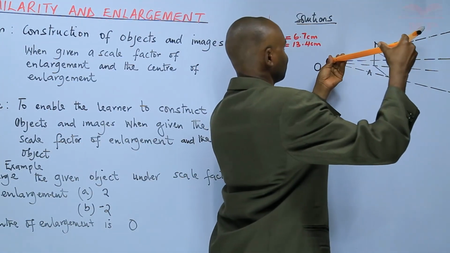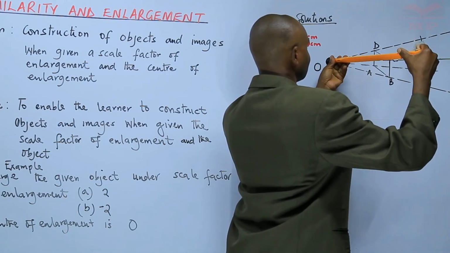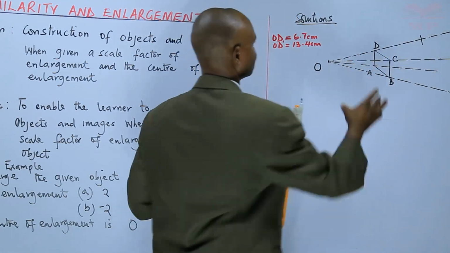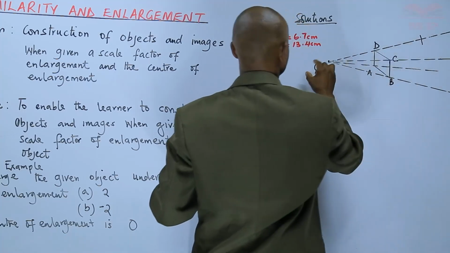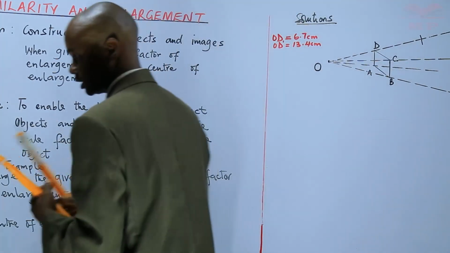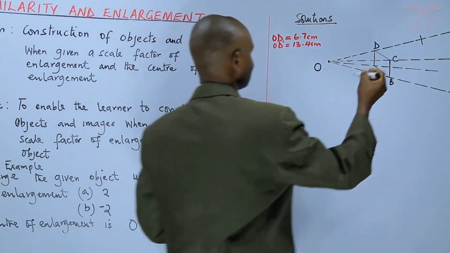So I'll look for D prime. That will be D prime. This distance OD prime is double OD. So that's the first image, D prime.